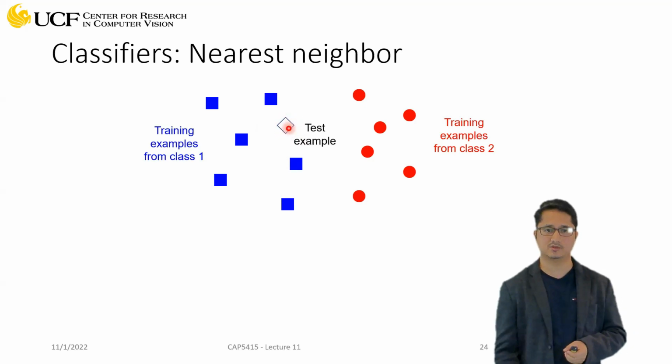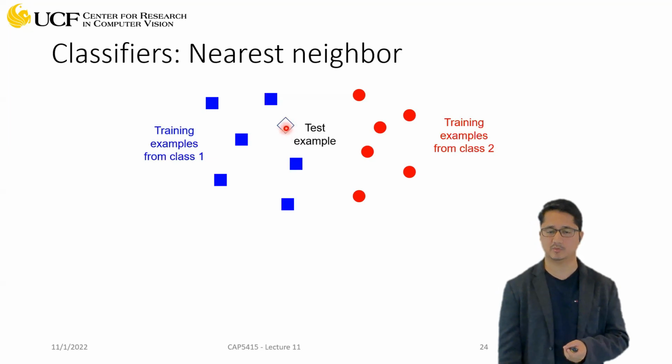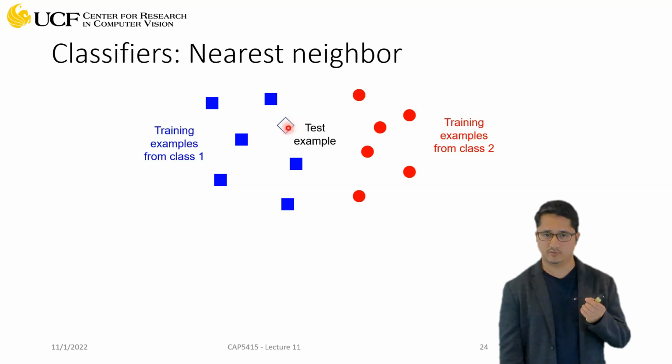Now, if I ask you to which category this sample belongs, as a human, what will we do? We'll just see that it seems closer to these samples, and it's far away from these red samples. So most probably this is a blue sample. That's the intuition. What we do is compute the distance between this sample and all the other training samples.